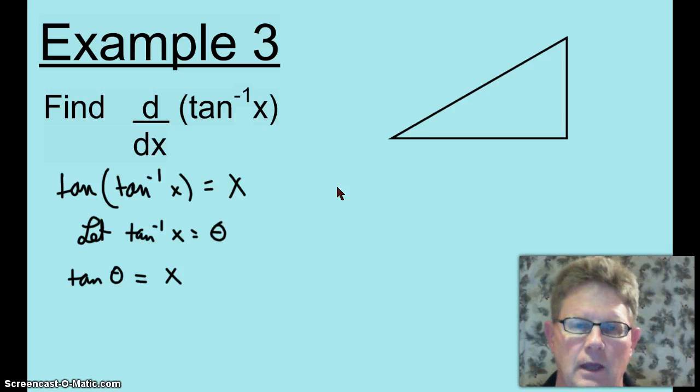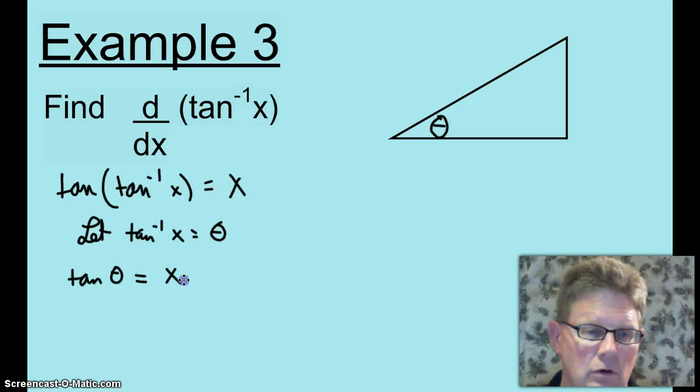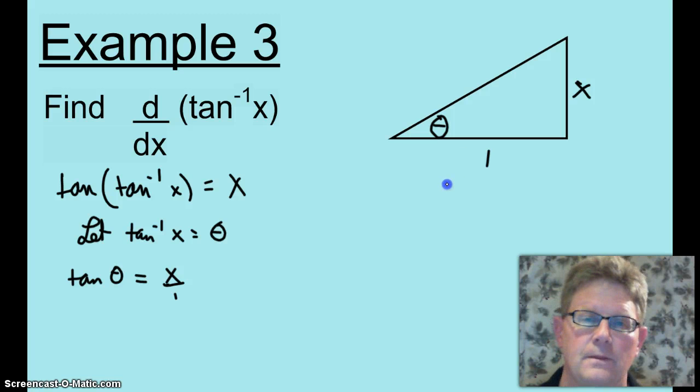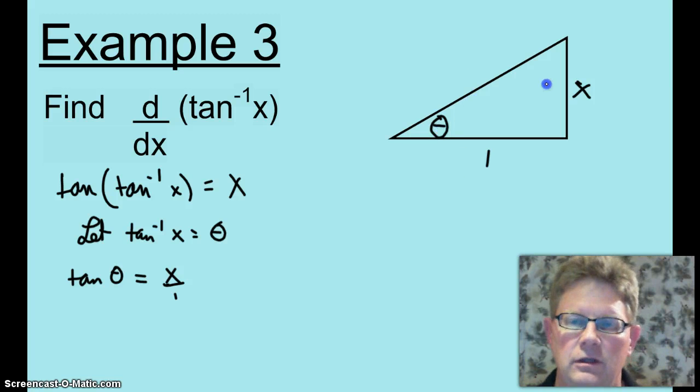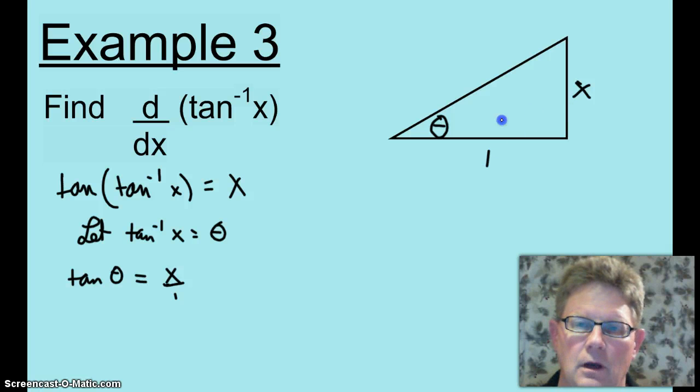We're going to put theta right here, and the tangent of that angle is x, or x over 1. Opposite side x, adjacent side 1. Okay, what is the hypotenuse going to be? Use the Pythagorean theorem. That hypotenuse squared equals x squared plus 1 squared, so this hypotenuse is the square root of 1 plus x squared.